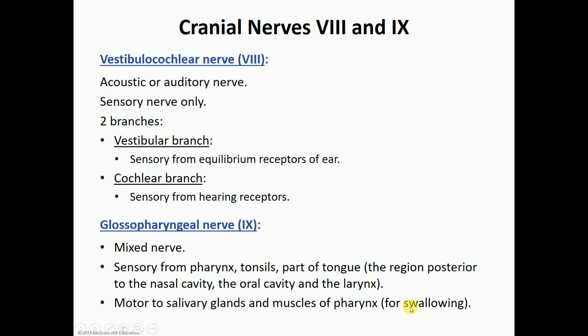So if somebody has neurological damage to the glossopharyngeal nerve, they would come in and say that they are having difficulty swallowing. One of the things that you want to evaluate for patients that are experiencing swallowing difficulties would be this glossopharyngeal nerve.